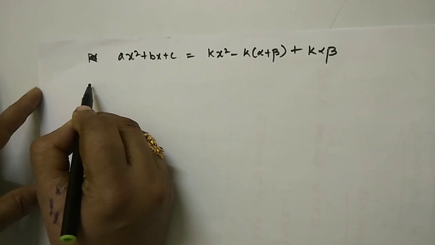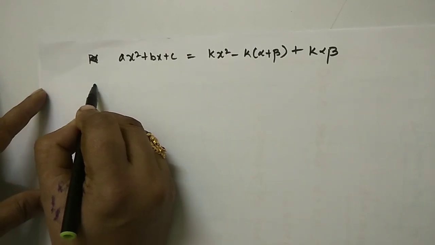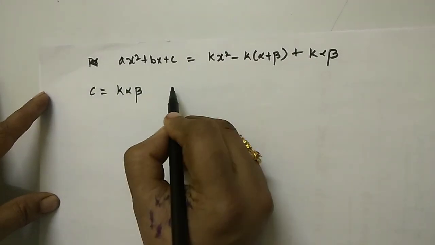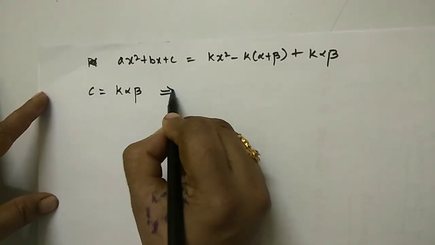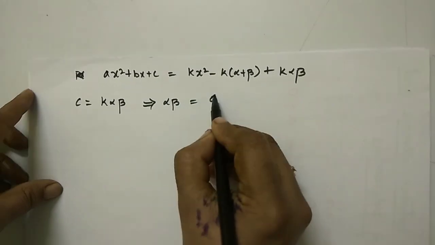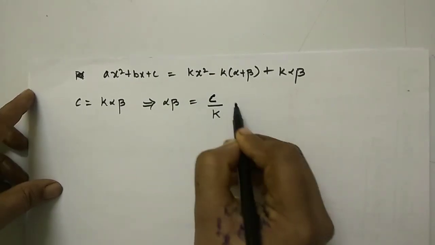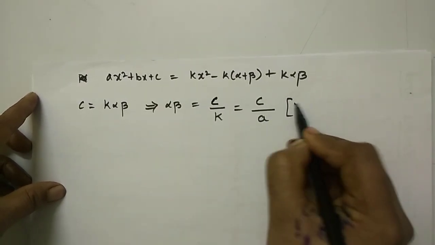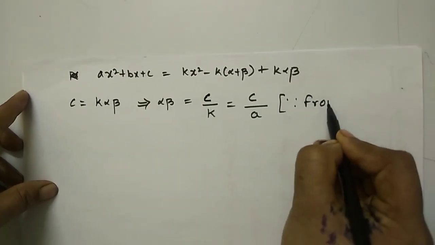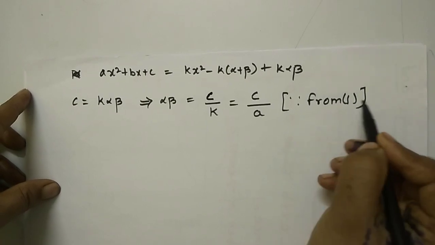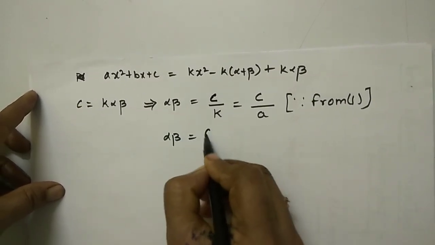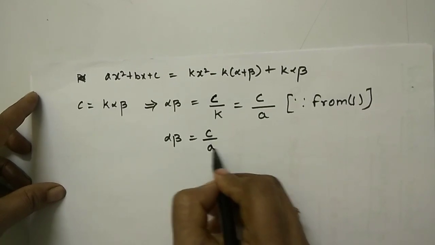Comparing the coefficient terms, we get c is equal to k into alpha beta. So this can be written as alpha beta is equal to c by k. K is nothing but a, that is from 1. So alpha beta is equal to, we got alpha beta is equal to c by a.